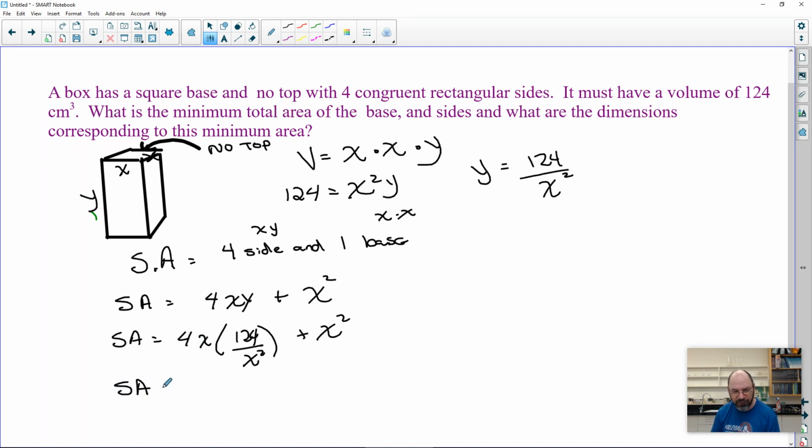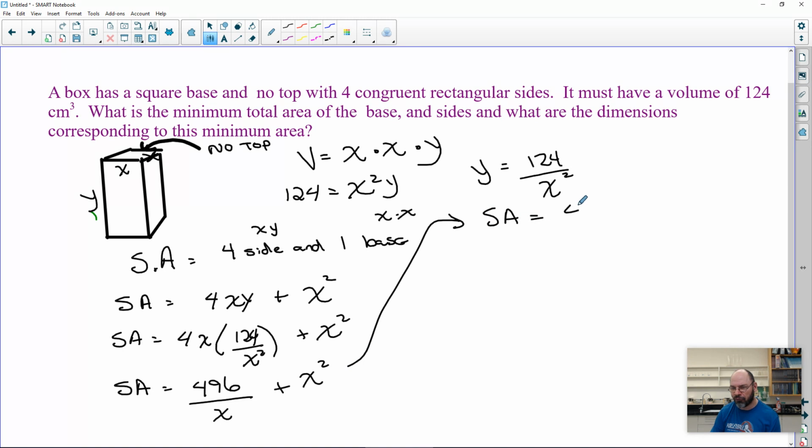So our surface area equals 496 x over x squared, so one of the x's cancels out on the bottom, plus x squared. Now we have it all in terms of x. We're going to rewrite this in exponential form so we can use the power rule for our derivative. So the surface area equals 496 x to the negative 1 plus x squared.